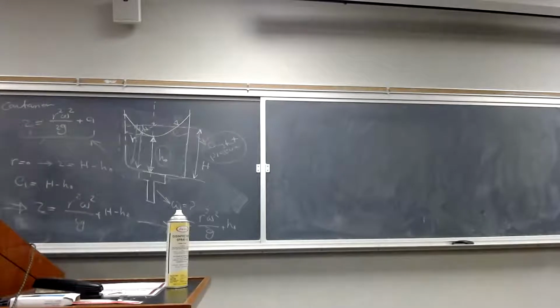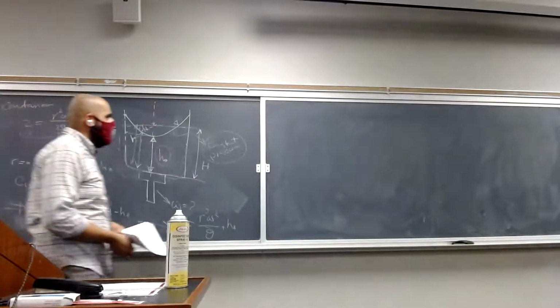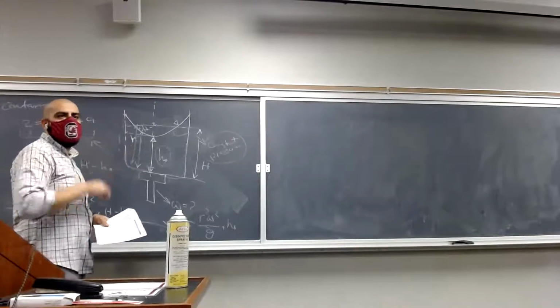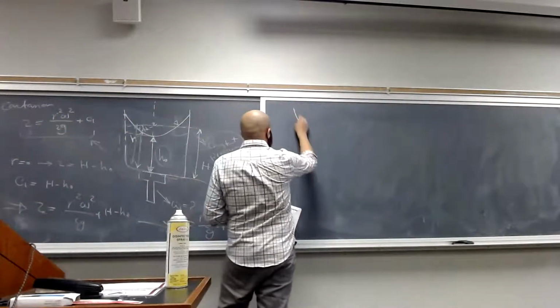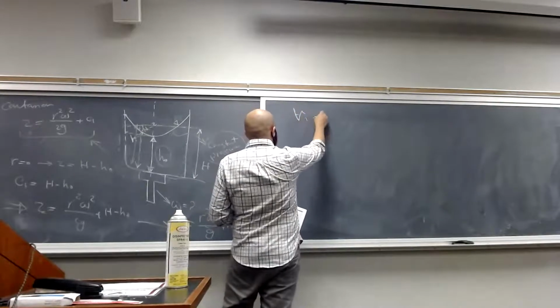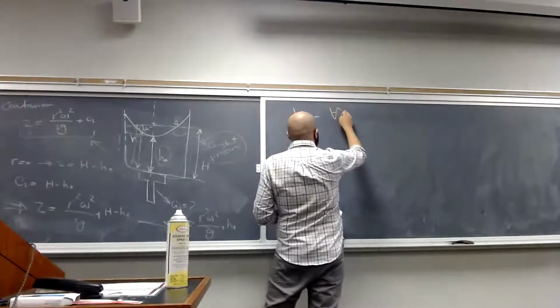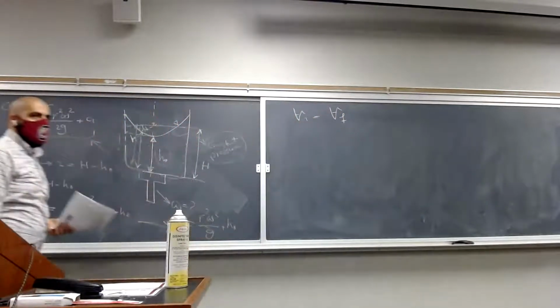The inertia and all of those transient parts have faded. What is the thing that is going to remain exactly the same between the initial condition and the final condition? It is the volume, right? If you don't have any spillage out of the container, which is the assumption we are making, your initial volume is going to be equal to your final volume.